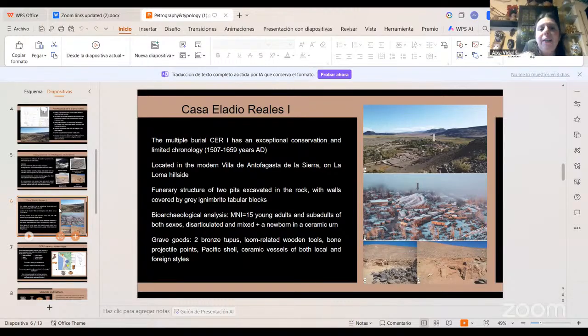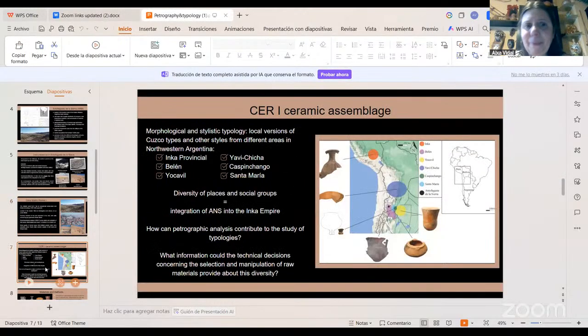The grave goods included tupus, that's our typical female clothing accessories, loom-related wooden tools, bone projectile points, typically Inca. Pacific shells, remember that between Antofagasta de la Sierra and the Pacific, we have the Andes Mountains, and ceramic vessels of both local and foreign styles. That's what we are going to concentrate on.